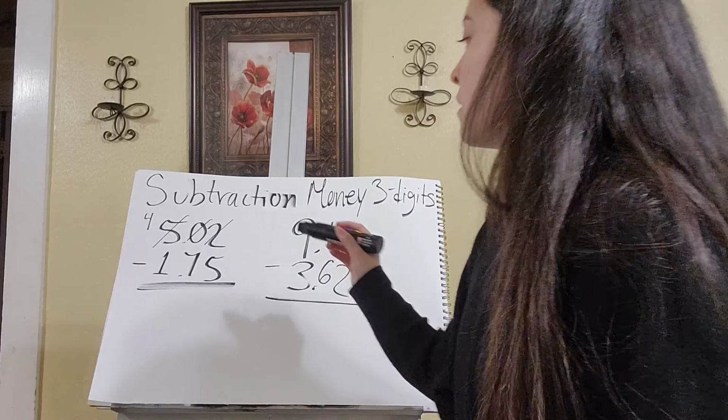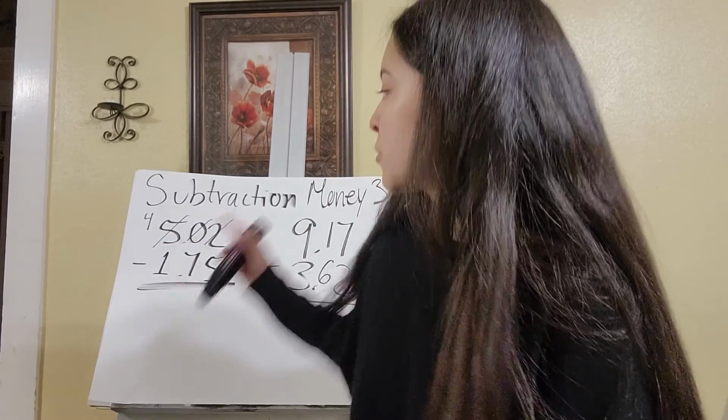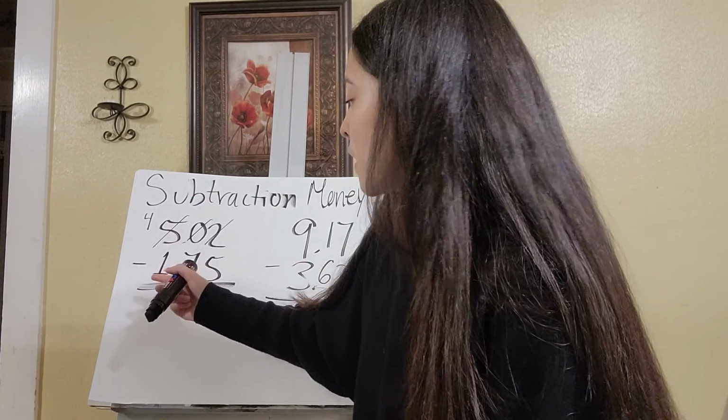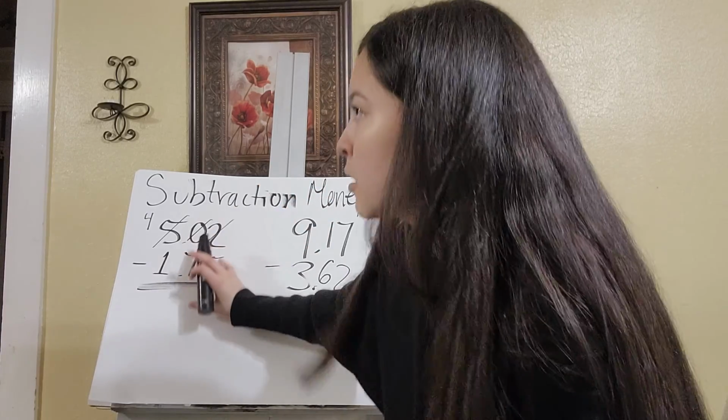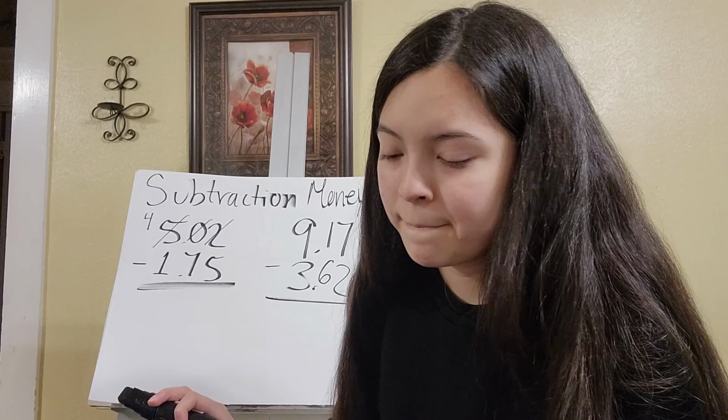Okay. Now going back to 0, it would be considered 10. However, since 2 did borrow from 0, 0 at this point would just drop down to 9.